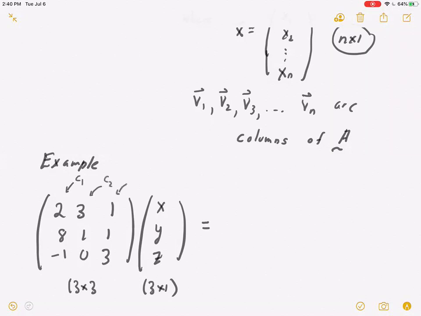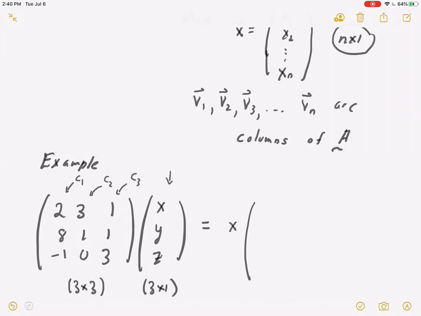It's a 3x3 matrix, and those columns are column vectors. So in fact, this can be written as a linear combination of those column vectors, and the scalars in the linear combination are just given by x, y, and z respectively.